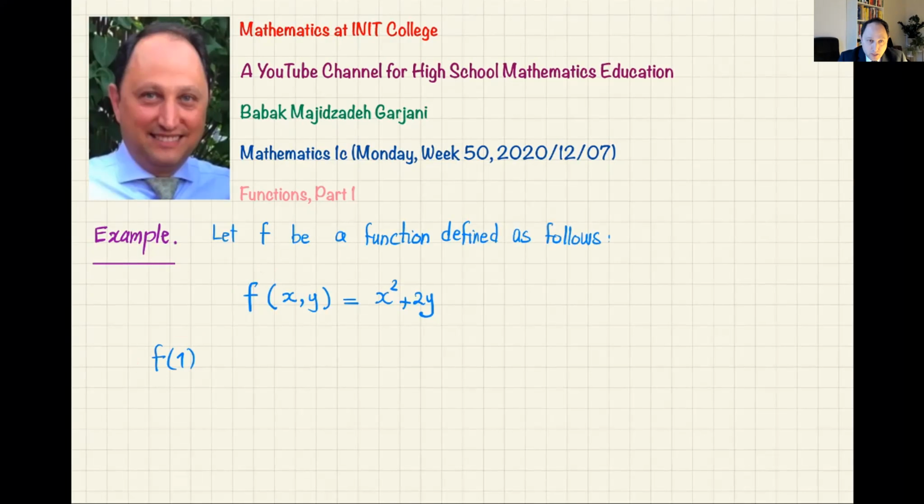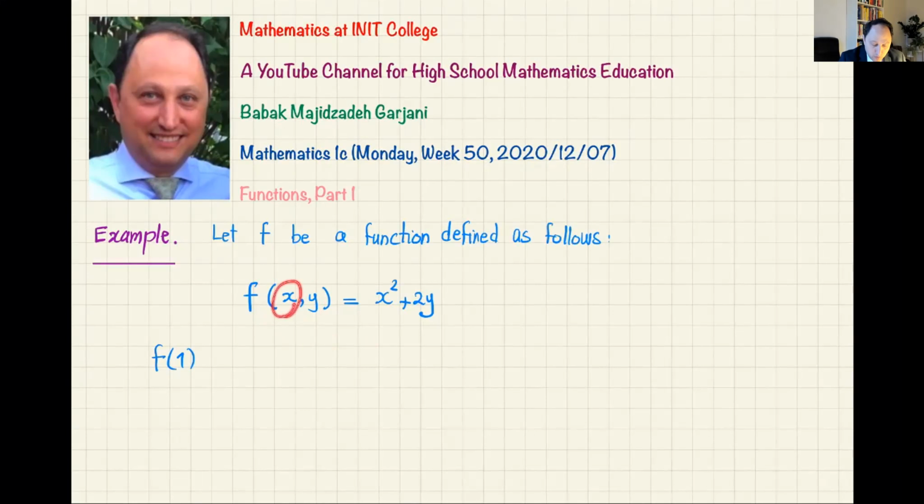How many inputs do I need to provide for this machine? 2. One of them is called x. There is no necessity of calling it x. A will work, alpha will work. I can even write f of box and circle. This also works. It doesn't matter. I need something to denote the first entry, to communicate with you.